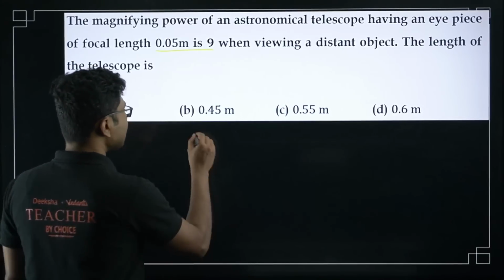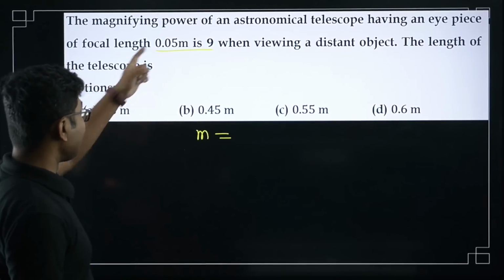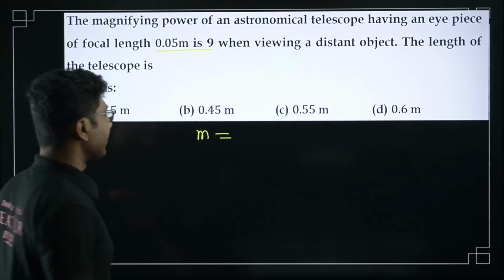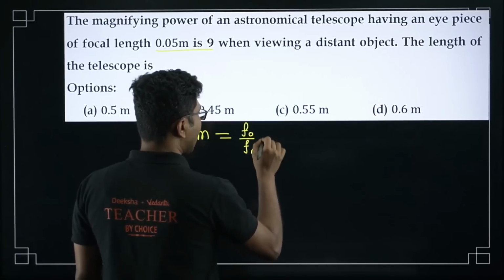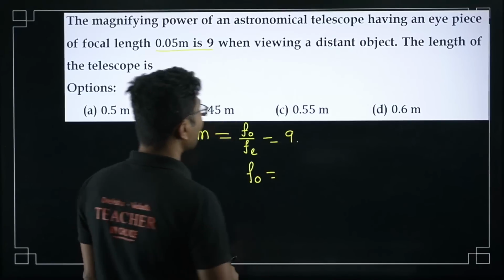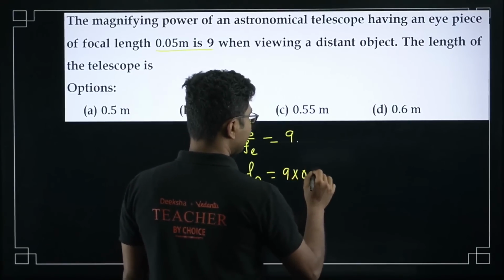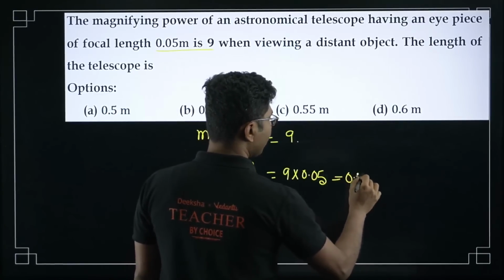So magnification is given, and the focal length of the eyepiece is also given. Magnification is FO by FE, and that equals 9. So the focal length of the objective is 9 into 0.05, that is 0.45.